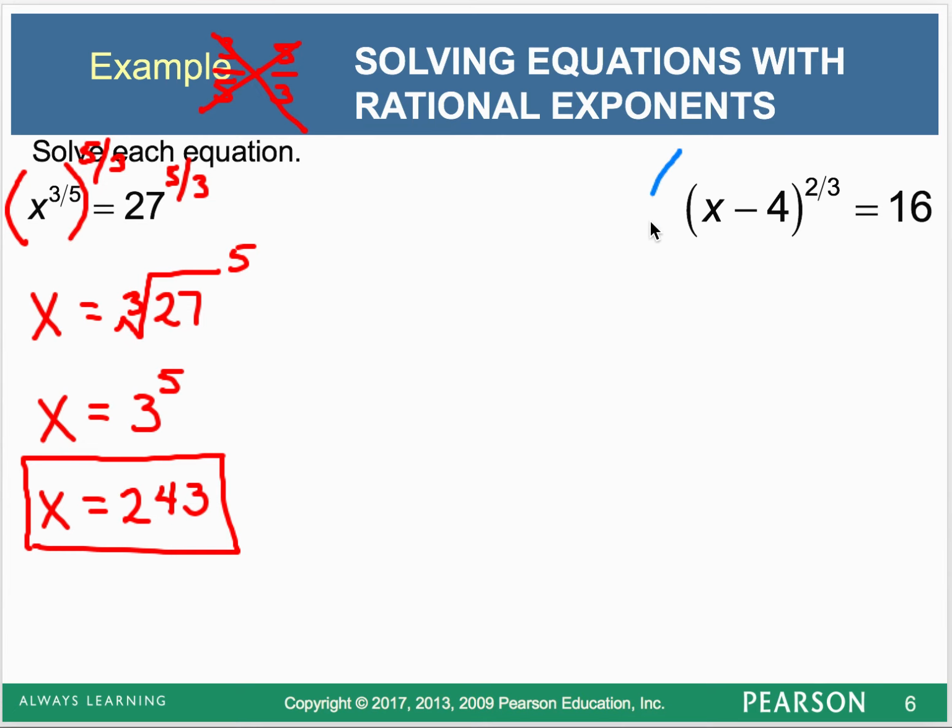Okay, so here I'm going to raise it to what? You're right, the 3/2. Same thing to both sides, raised to the 3/2 power. Now this will cancel. 2/3 times 3/2 is 1. So we're just left with x minus 4 equals, now if I rewrite this, remember, the 2 goes in here.